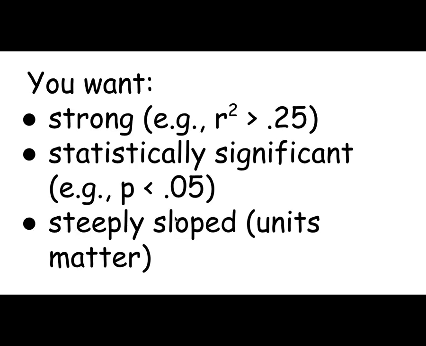So when you're reading a paper and it's doing linear regression, you're looking for a strong R squared, so something greater than 0.25, statistical significance, and a steep slope. And units matter here.